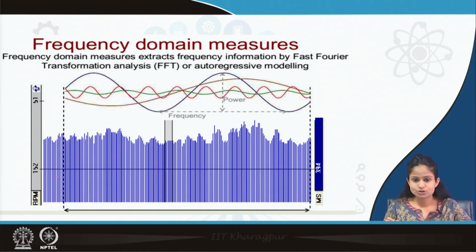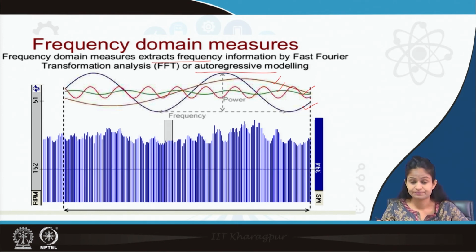Now, these frequency domain measures are mainly done with the fast Fourier transform algorithm or autoregressive modeling. As you can see, this is one wave pattern, this is another wave pattern, and this is another, so we can see 4 wave patterns.